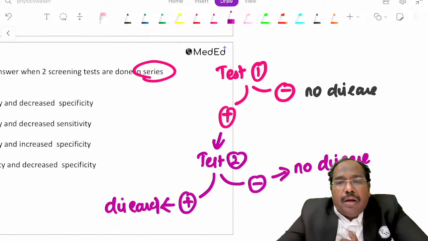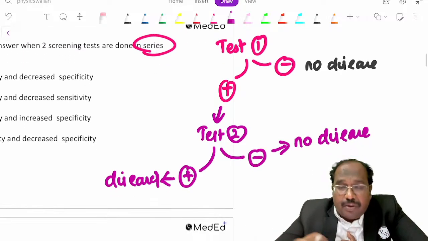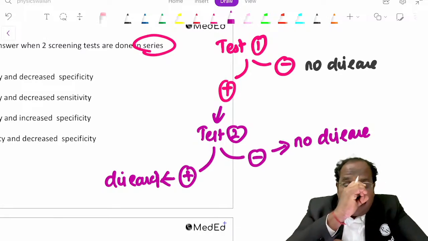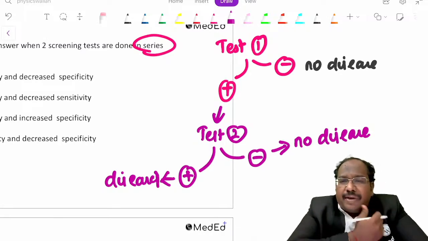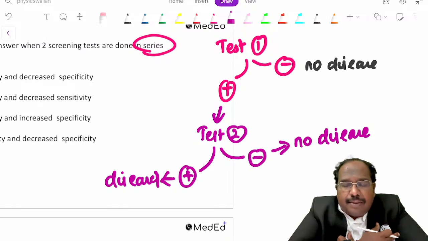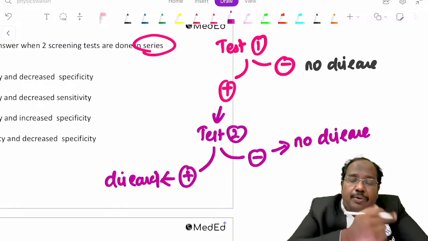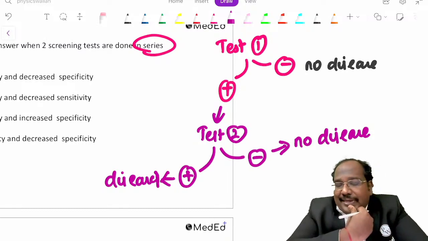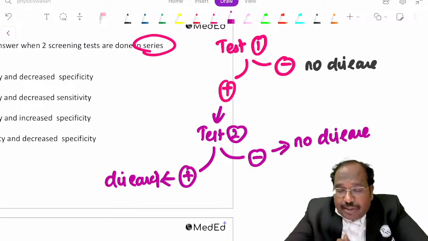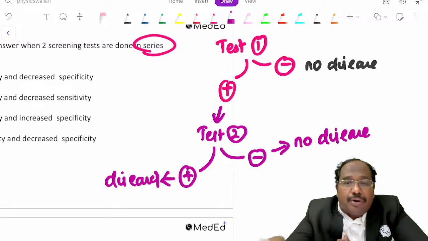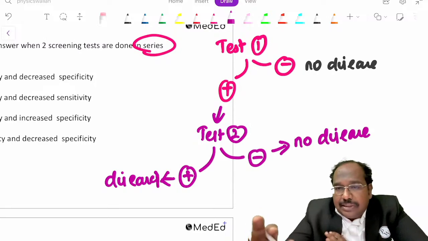Suppose I have two tests available. You do the first test. If it is positive, for HIV for example, we do ELISA. If ELISA is positive, then you go for a confirmatory test. If test 1 is positive, do the second test. If the second test is also positive, you call the person diseased. If either is negative, we are not going to call this person diseased.